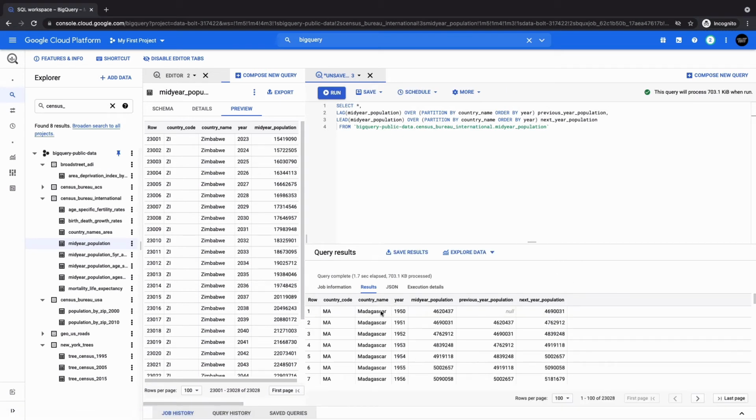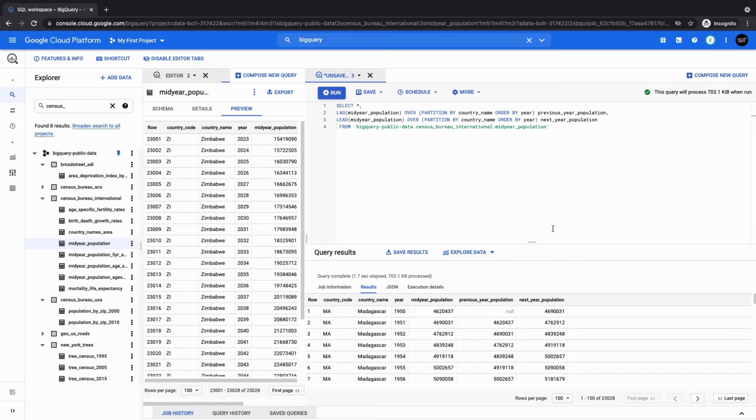So here we have the population for Madagascar for the year 1950, but for the previous year there was no record for the population of 1949, and that's why you have a null. Now in the year 1951 you have this value, which is the next year for year 1950. And this is the idea of this lead and lag.